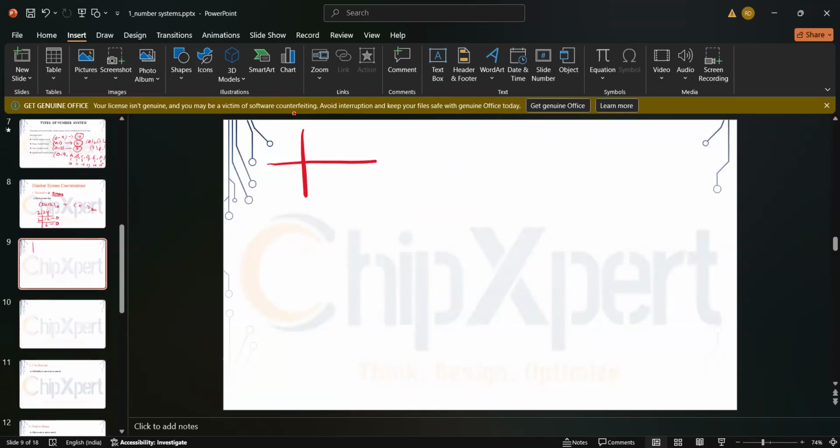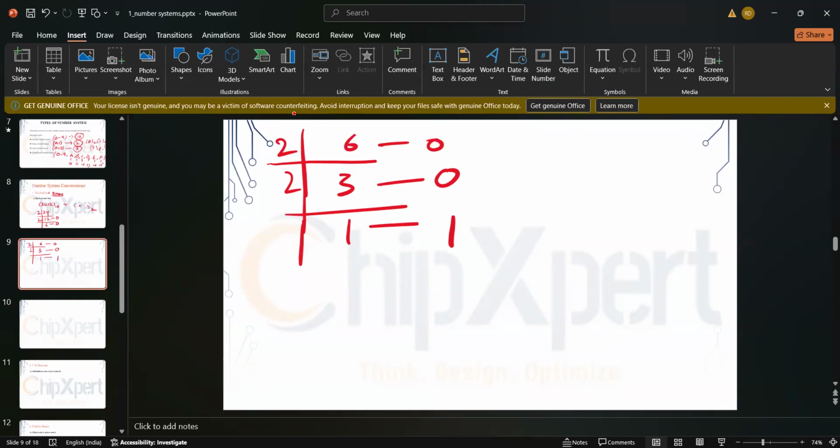Next is 6. 2 into 6 goes 3 times, and the remainder is 0. And 2 into 3 goes 1 time, and the remainder is 1. So this is what we got, right?